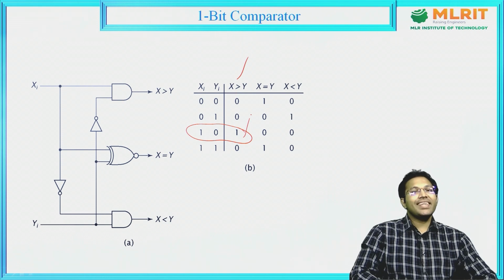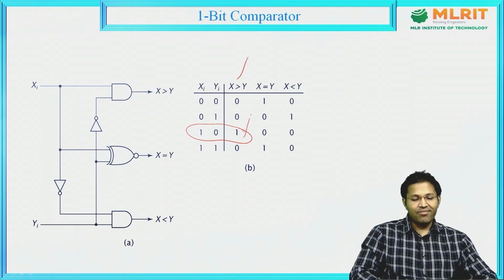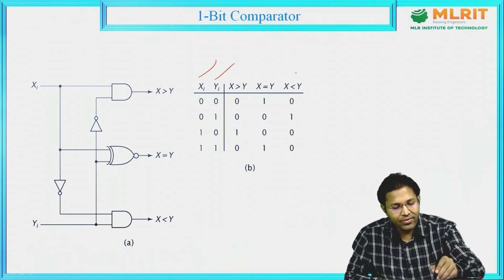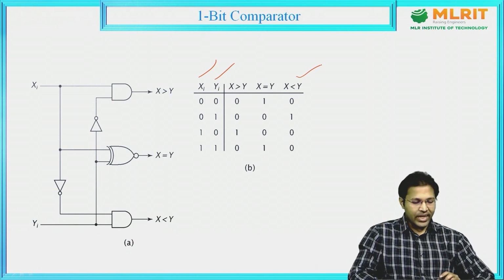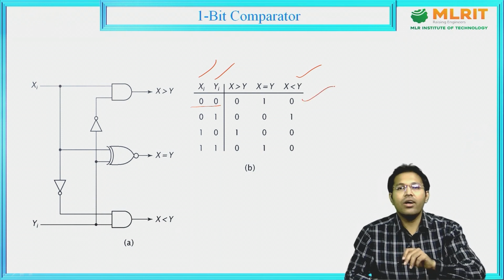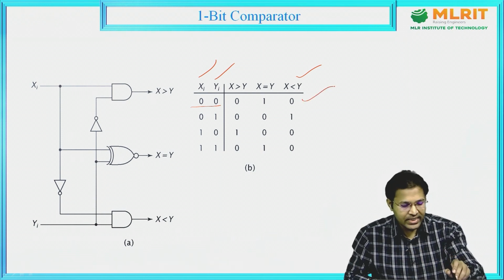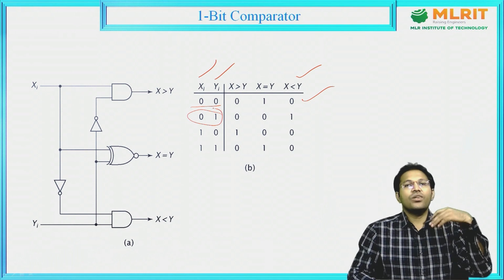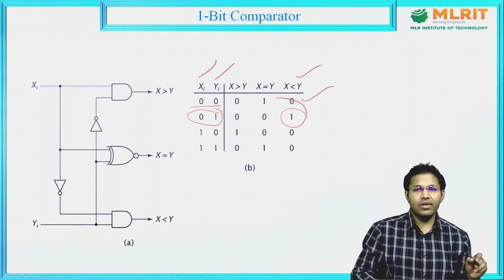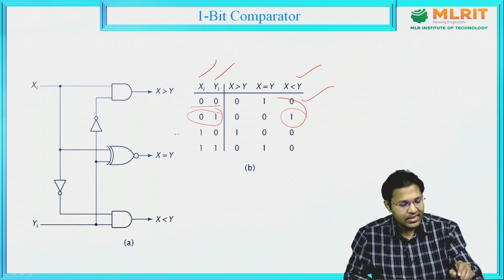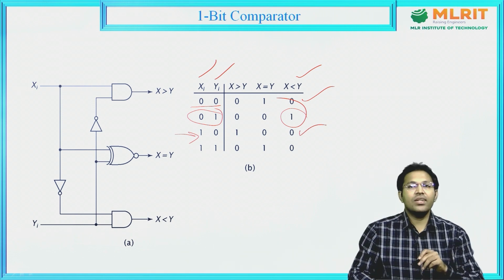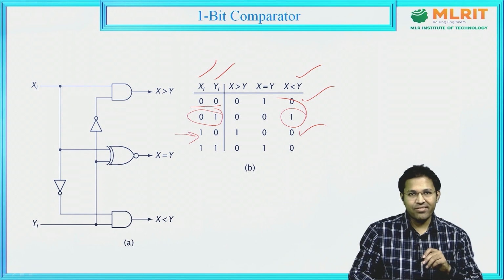Now, let us use the same analogy for the last case. What about when X is less than Y? First case, X is equal to Y, so false, we represent it by a 0. Next, X is 0, Y is 1, so X is less than Y, hence we put a 1 here. Again, in this case X is greater than Y, so X is less than Y is not satisfied.